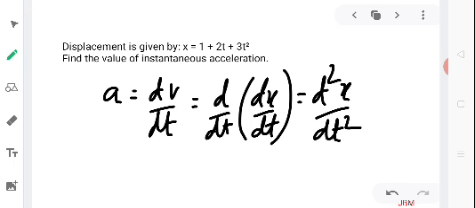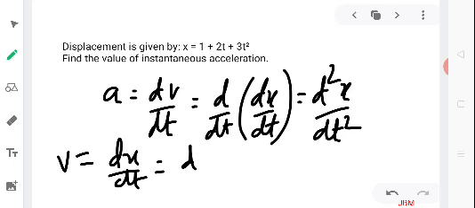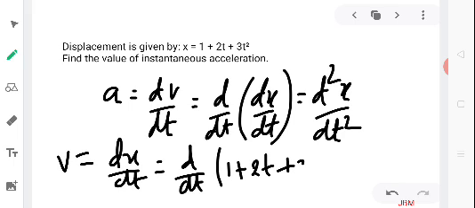It is given x is equal to 1 plus 2t plus 3t square. So very easily, first of all, let us find out v, that is equal to dx by dt. So that will be equal to d by dt of 1 plus 2t plus 3t square. It will yield 2 plus 6t.